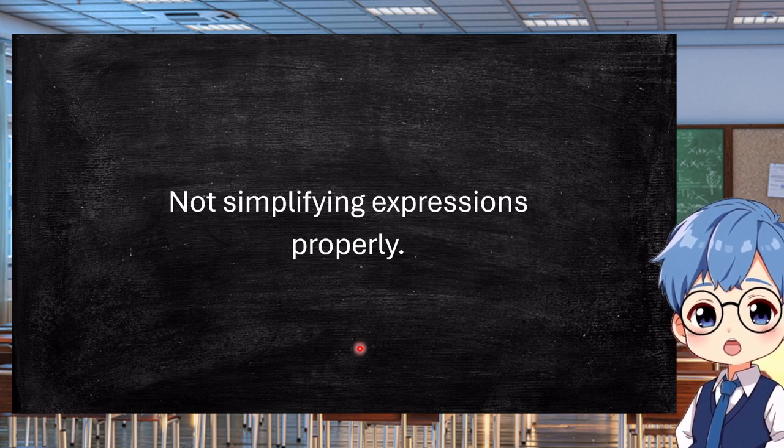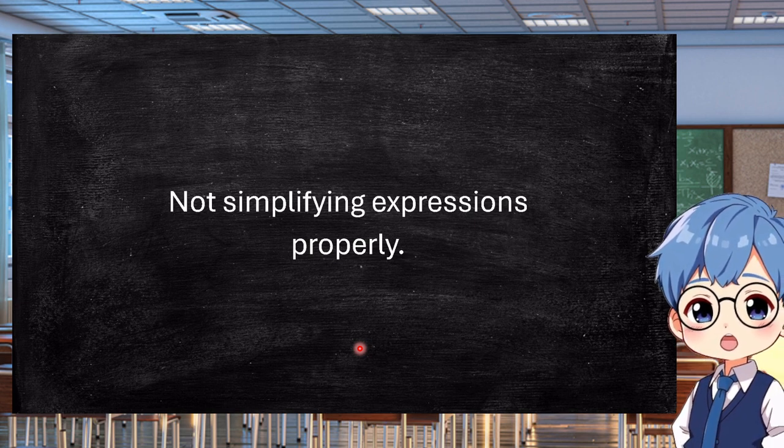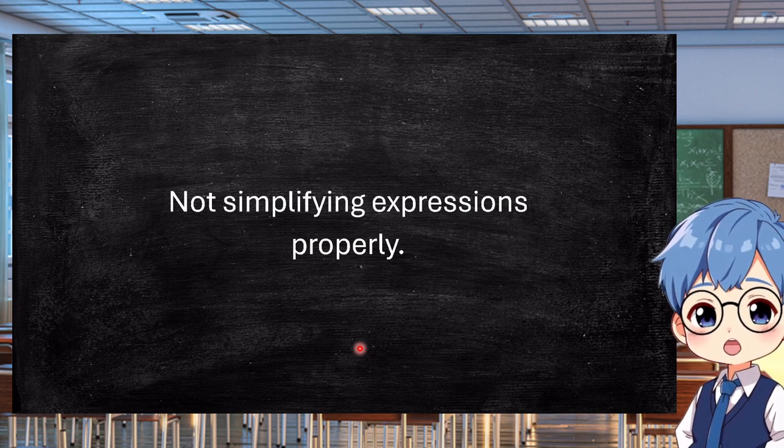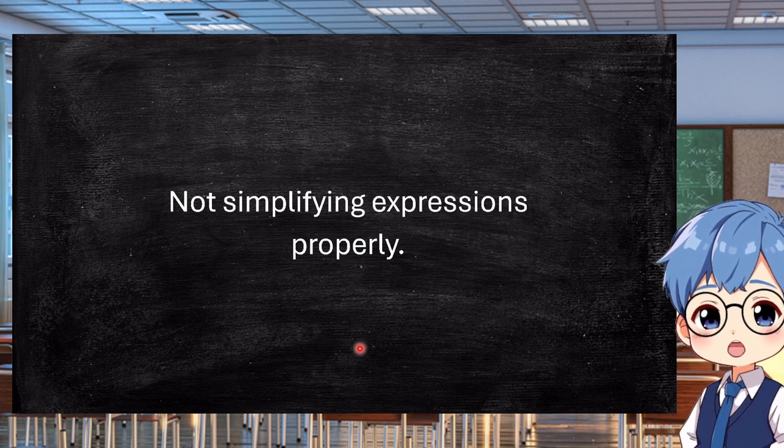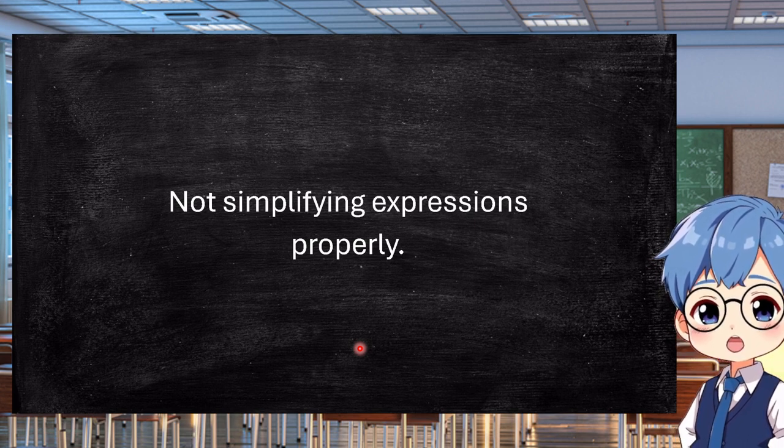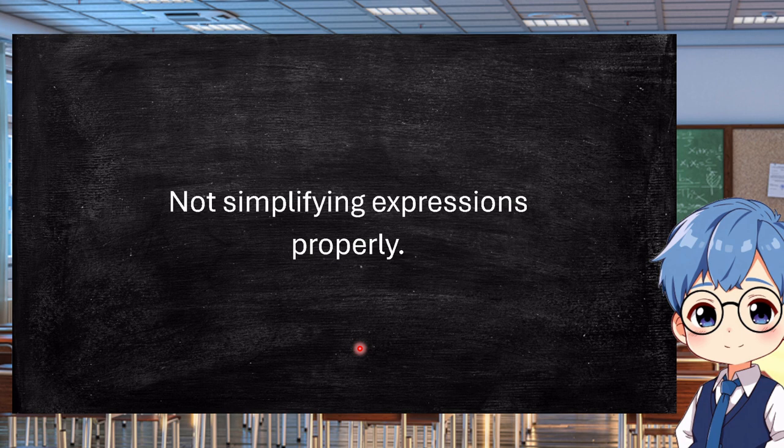For example, when we did the quotient rule, you should simplify it further. But take note, you don't need to expand everything. You just need to simplify as much as possible. You just need to distribute the constants, and then if you cannot apply simplification anymore, then that's the final answer.